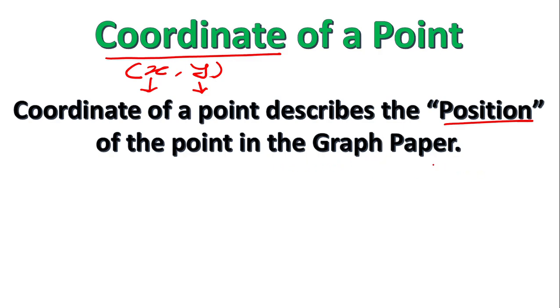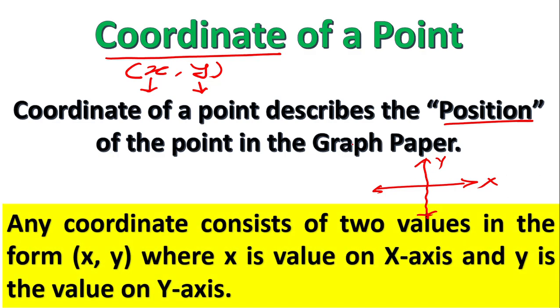Graph paper means where you draw a vertical line, which is the y-axis, and a horizontal line, which is the x-axis. Okay, so this is called graph paper. Now, any coordinate, as I have told you before, consists of two values in the form of x, y, where x is the value on the x-axis and y is the value on the y-axis.